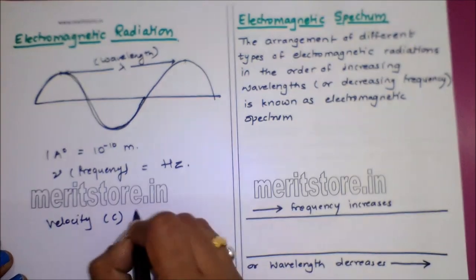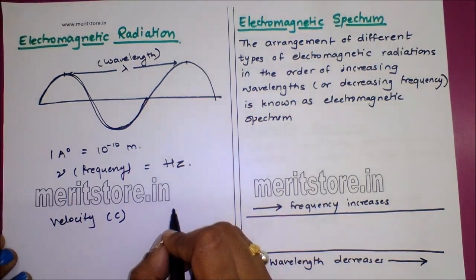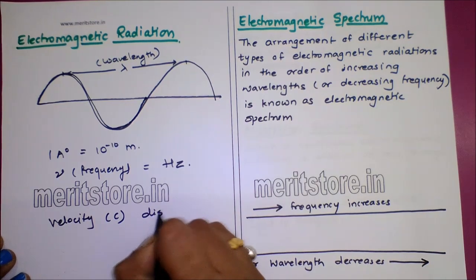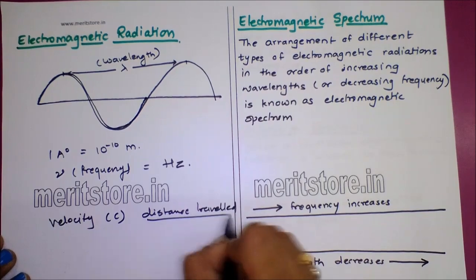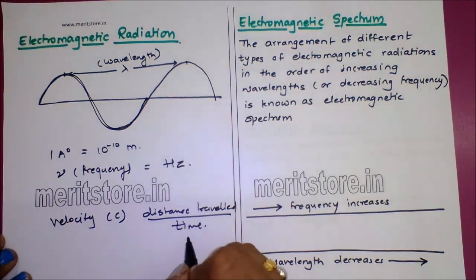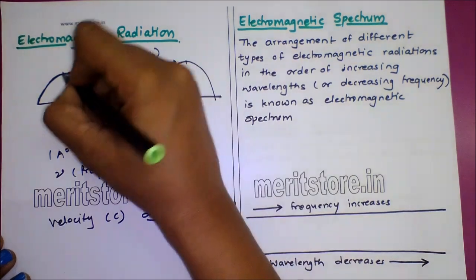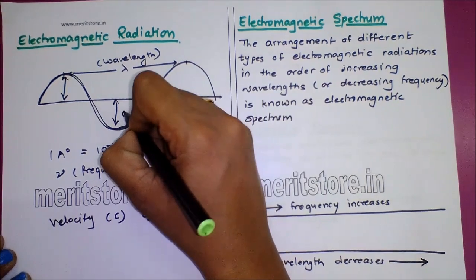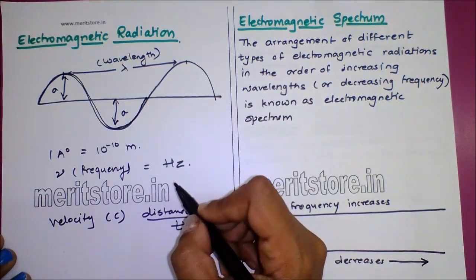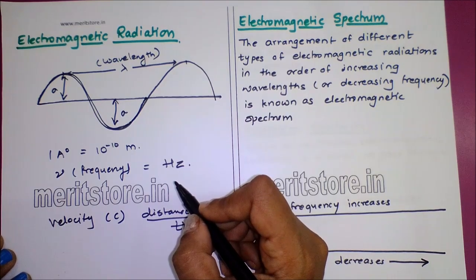Velocity is the distance traveled by that wave in 1 second, so it is distance traveled upon time, which we call the velocity of that particular wave. The height of the crest, or the height of the trough, denoted by the letter A, is called the amplitude, which gives us an idea about the intensity or brightness of the radiation.